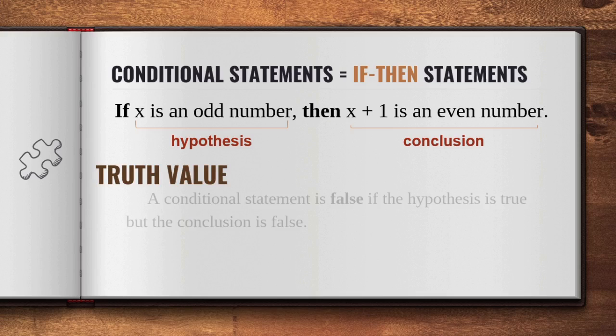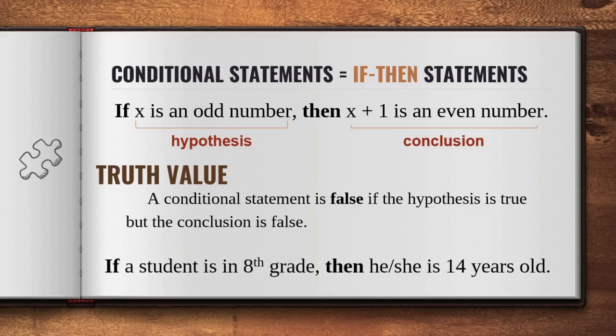Okay? So, it is said that a conditional statement is false if the hypothesis is true, but the conclusion is false. Okay, let's take an example. If a student is in 8th grade, then he or she is 14 years old. The hypothesis here is a student is in 8th grade.